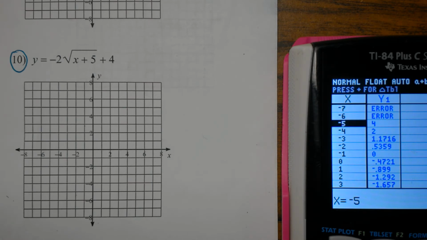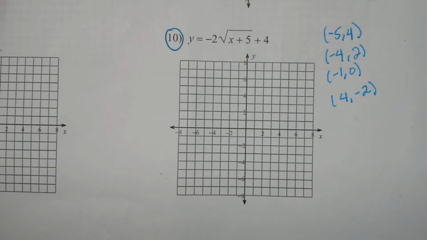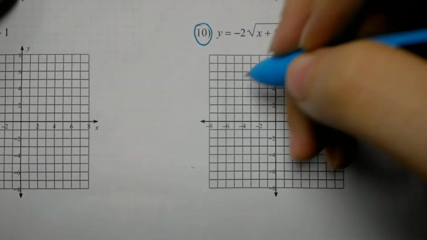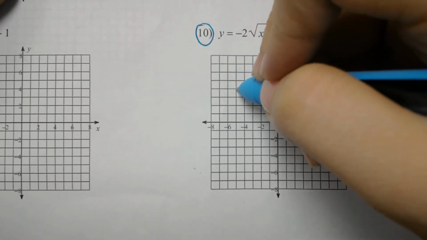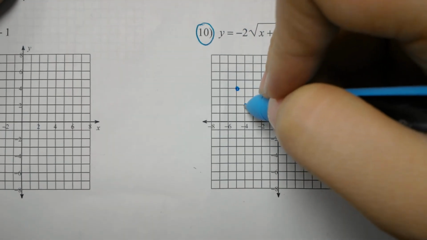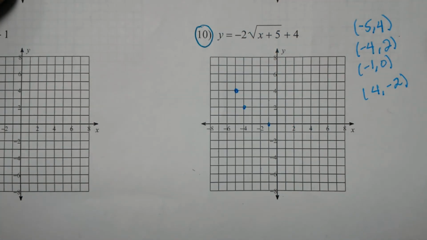Okay, so negative 5, 4 is my first point. So I found my points in the calculator in the table. Negative 5, 4. Negative 4, 2. Negative 1, 0. And 4, negative 2.